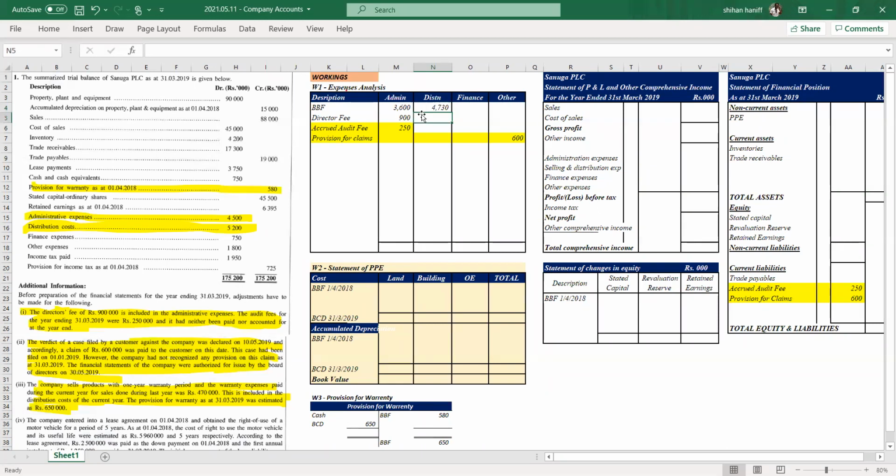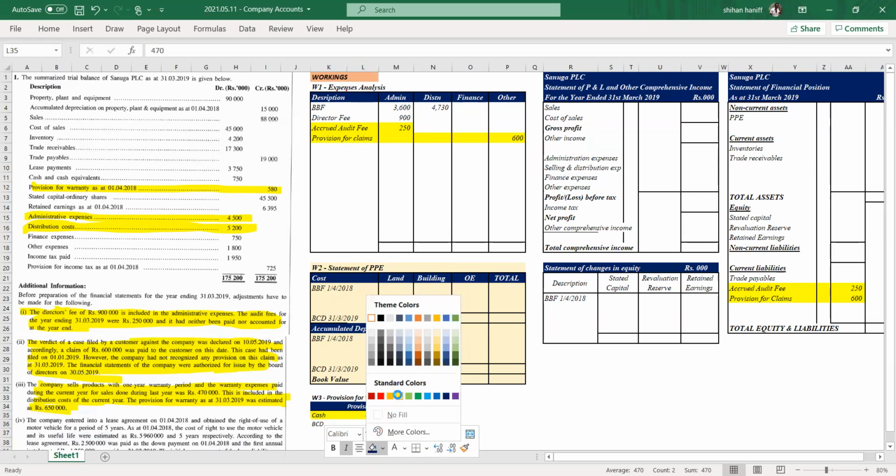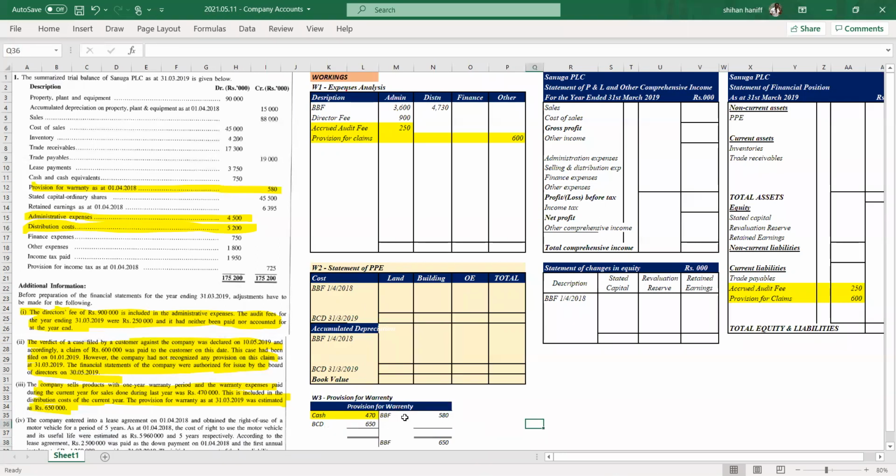That has to be deducted and taken to the provision account. Cash paid is 470, taken out from the distribution expense, and we take only the provision.